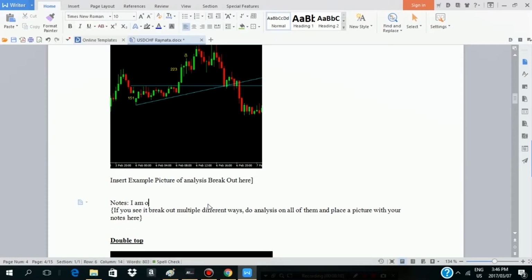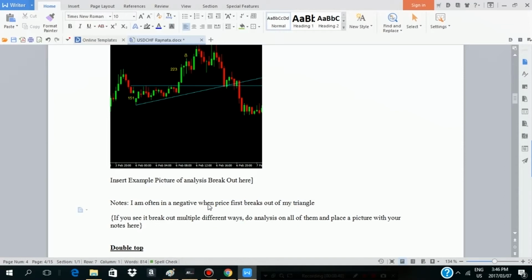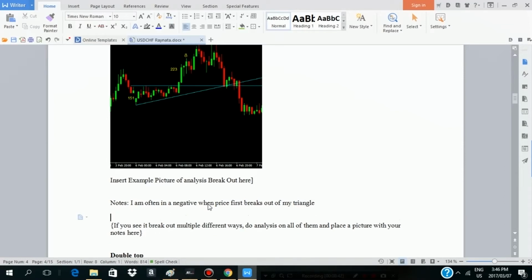I am often in a negative when price first breaks out of my triangle. Okay, and then you need entry points.